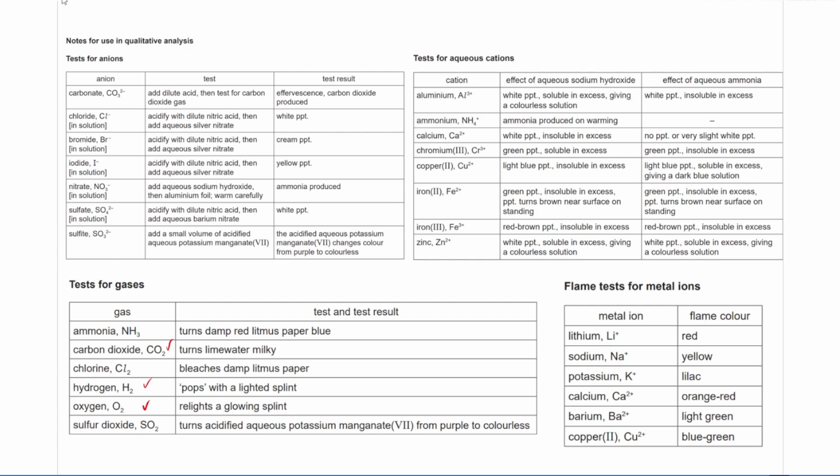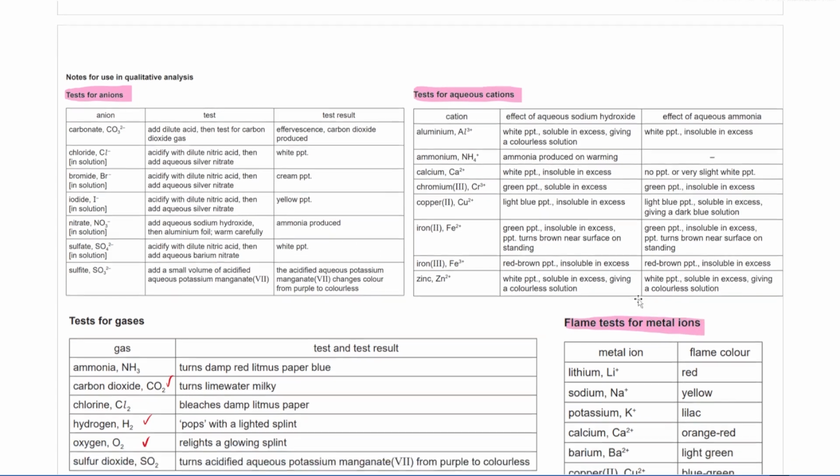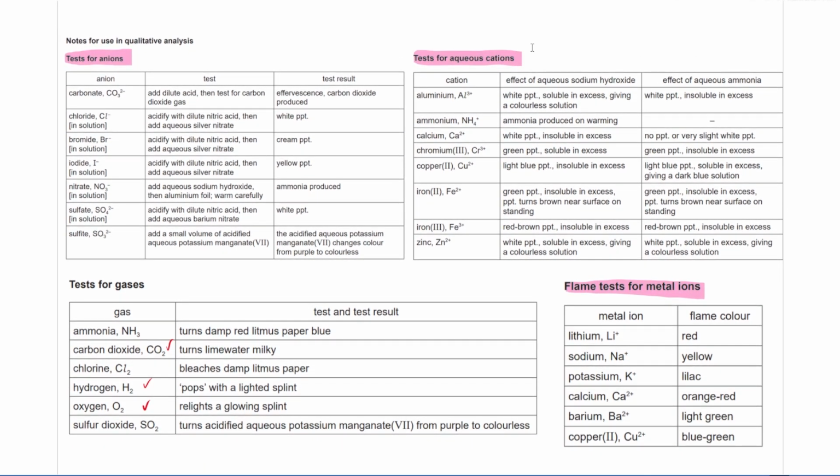Something very important to mention here is that in the Notes for Use in Qualitative Analysis, we have tests for anions, tests for aqueous cations, and here tests for other cations. But the difference between these cations and these cations is that this is called the flame test.